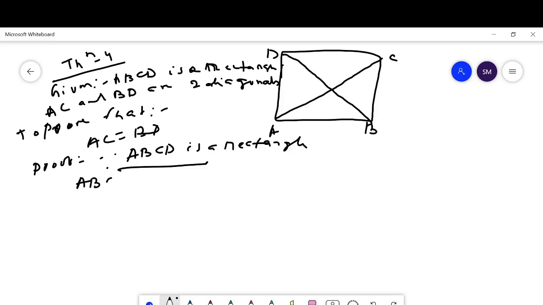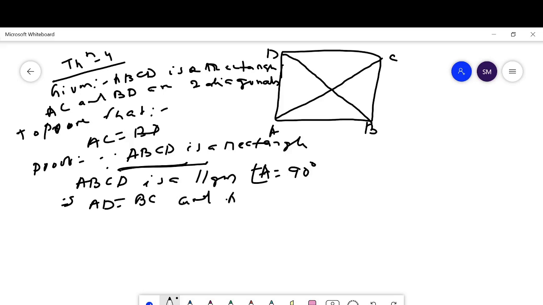As ABCD is a parallelogram and A is the right angle, means measure of A is 90 degrees, and this implies AD is equal to BC. As ABCD is a parallelogram, then AD is equal to BC and angle A is equal to 90 degrees.